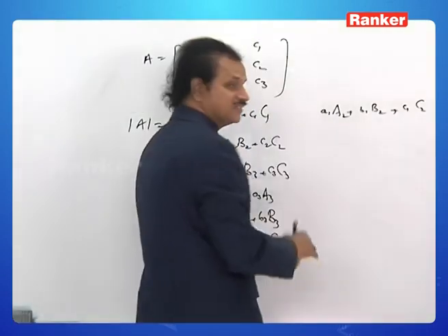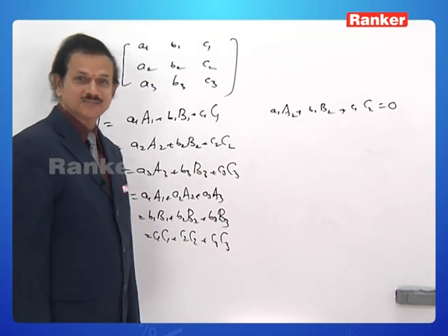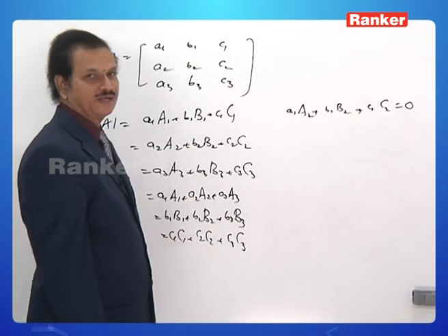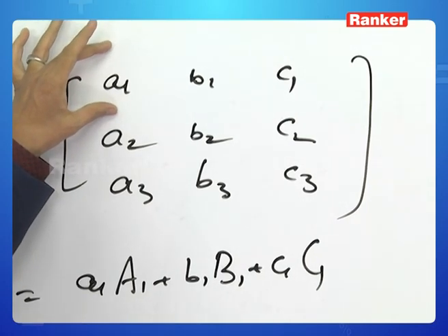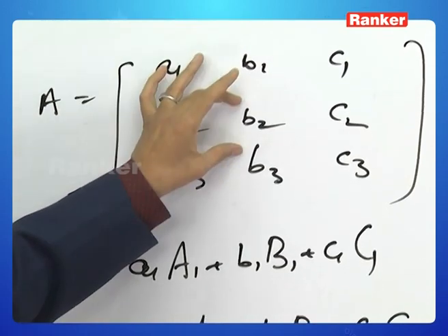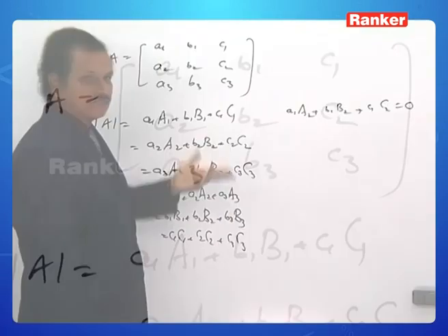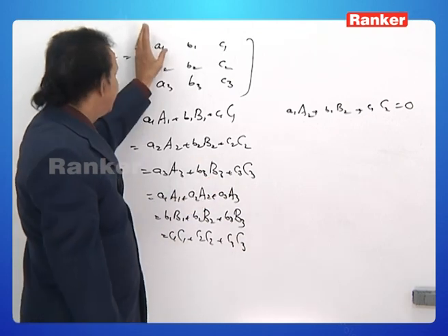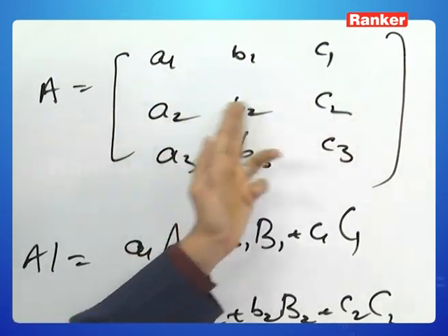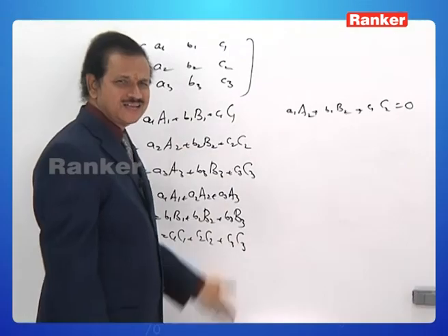Cofactors of the elements of the second row. If you take the sum of these products, you will have 0. If you multiply the elements with the cofactors of these elements only, you will have the determinant. But here the elements are these, and the cofactors are of other elements. Then a1A2 plus b1B2 plus c1C2 is 0. Similarly, a1A3 plus b1B3 plus c1C3 is 0. Similarly, column-wise also, a1B1 plus a2B2 plus a3B3 is 0. a1C1 plus a2C2 plus a3C3 is 0. Similarly, b1C1 plus b2C2, and so on.